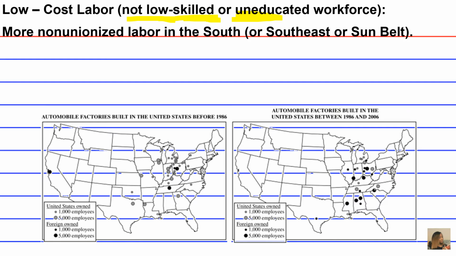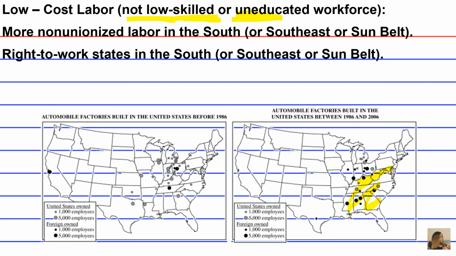More non-unionized labor in the South, that is the Sun Belt region, which would be over here, the Southeast. And there's also a lot of right to work states in the South, again, in the Southeast or Sun Belt region.